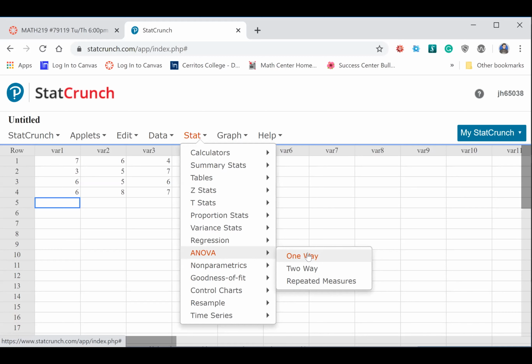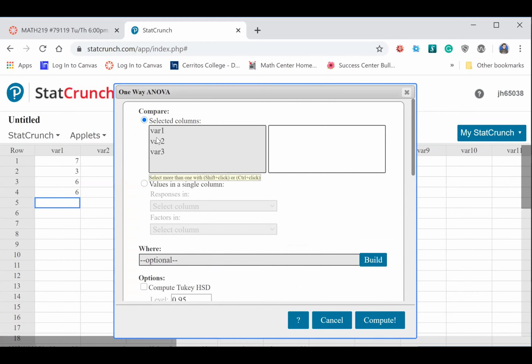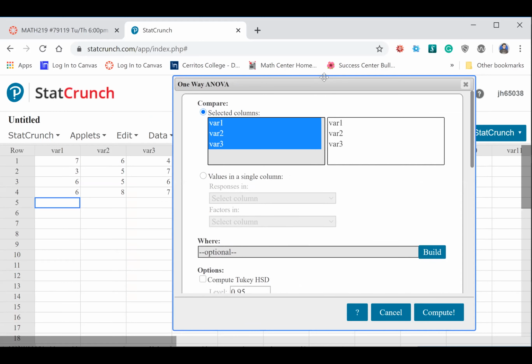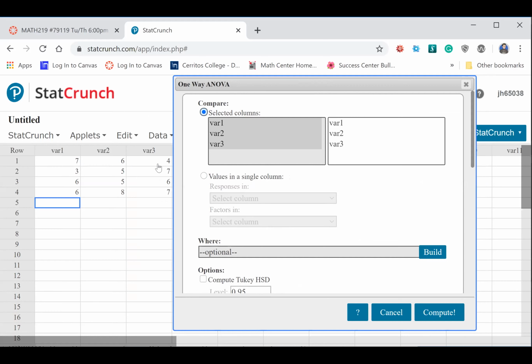Selected columns is 1, 2, 3. That's correct. Do I need to select them? I think I could select them. So I select my three columns from my three different populations, my three different samples.